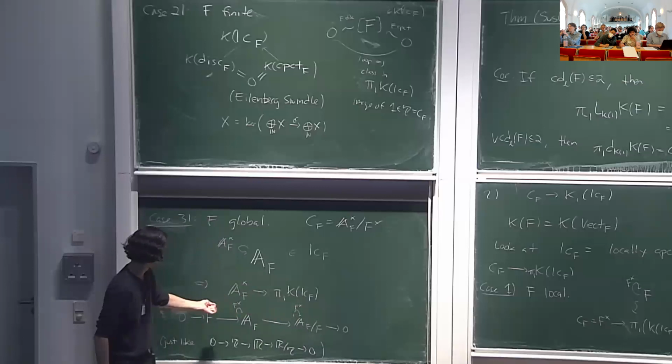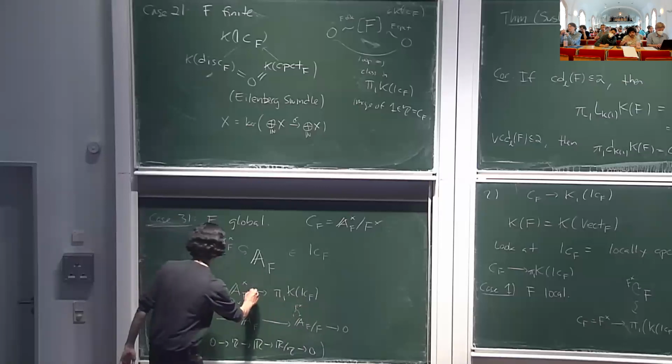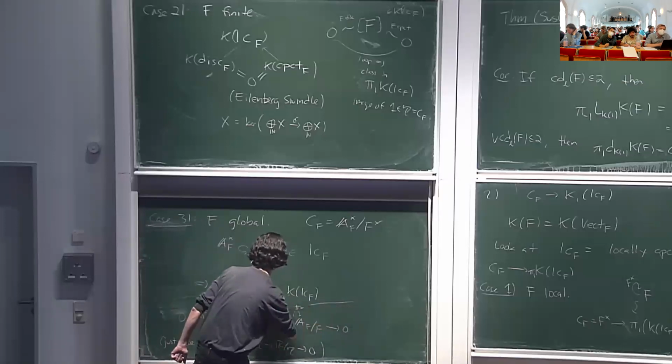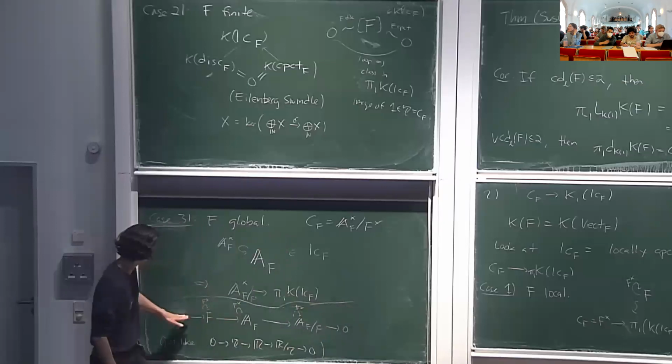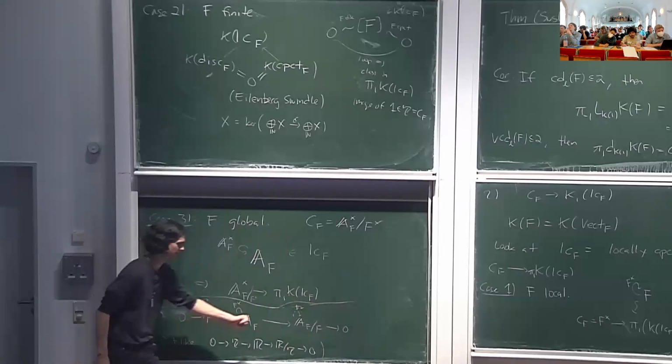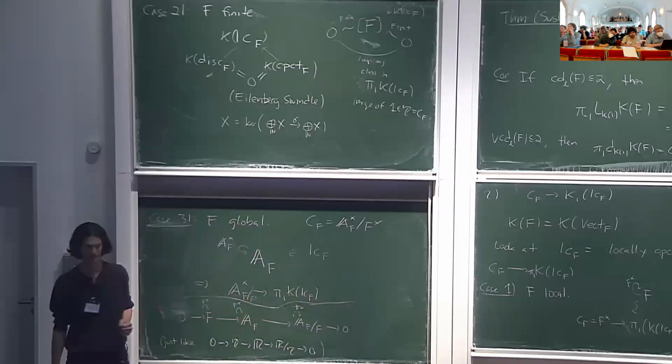So you prove that this factors through AF cross mod F cross. That's because these ones respect this short exact sequence, which proves that this guy is K-theoretically trivial through this Eilenberg swindle argument.